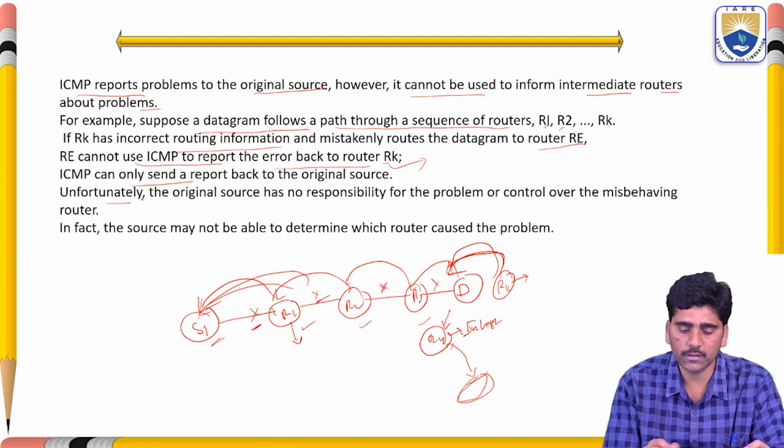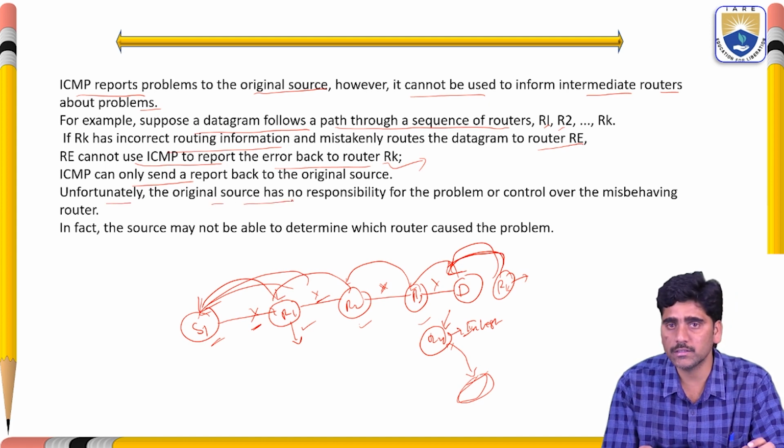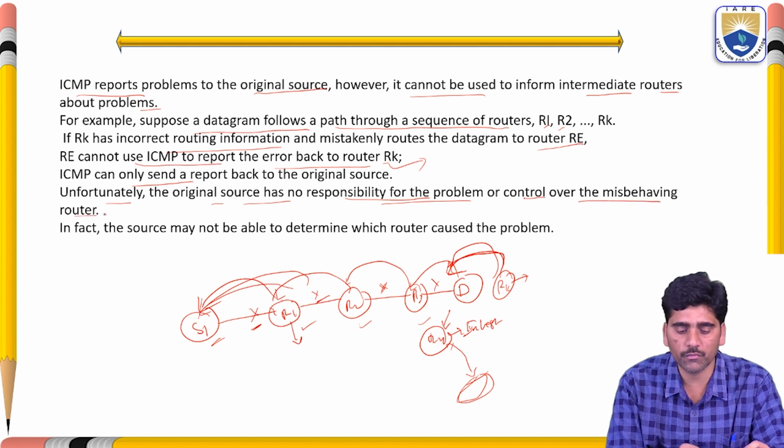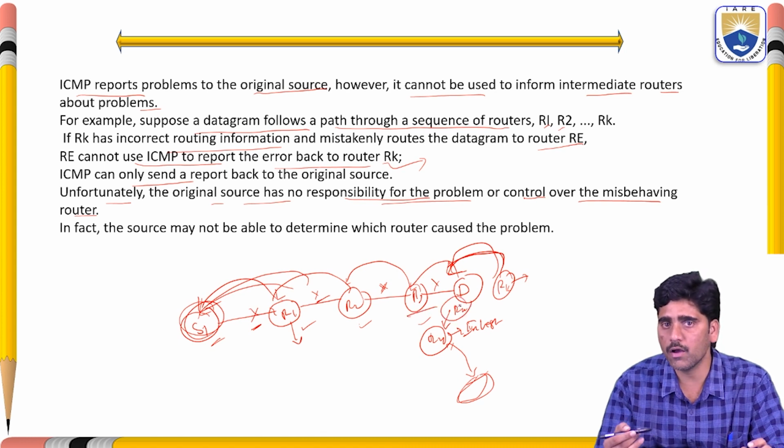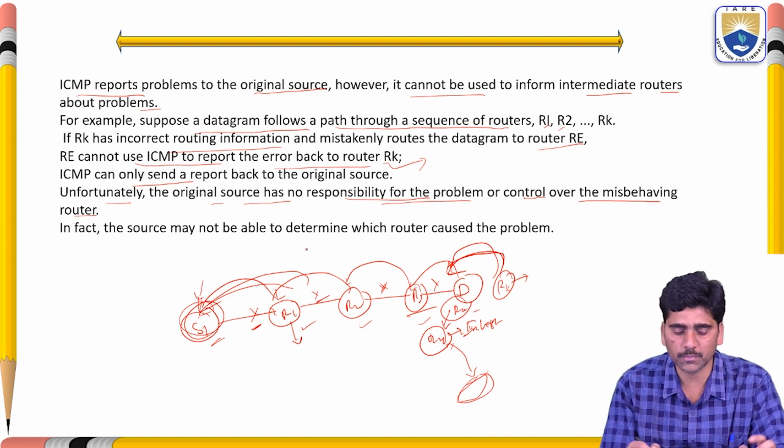So unfortunately, the original source has no responsibility for the problem or control over the misbehaving router. The original source is not responsible because somewhere a router may fail, or a router may have misinformation.